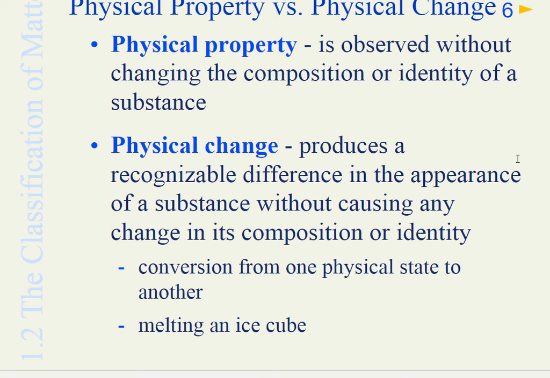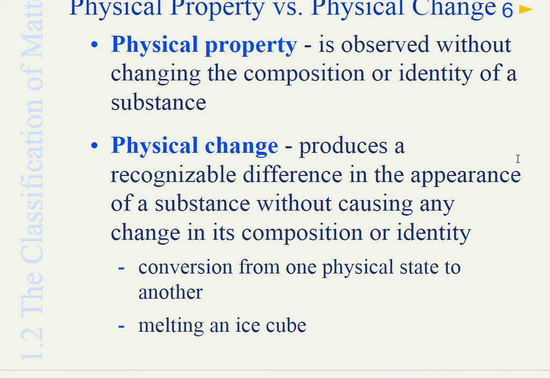And that property is a physical property because as you were trying to observe that property, you did not convert water into something else. Sure, you converted liquid water into water vapor, but the identity is still the same. Whether it is liquid water or water vapor, it's still made up of hydrogens and oxygens combined in a ratio of two hydrogens to one oxygen.